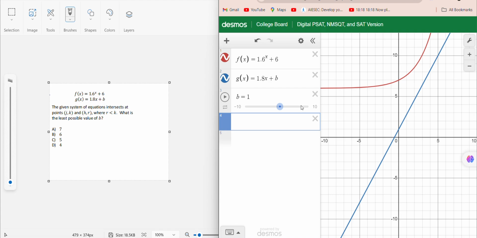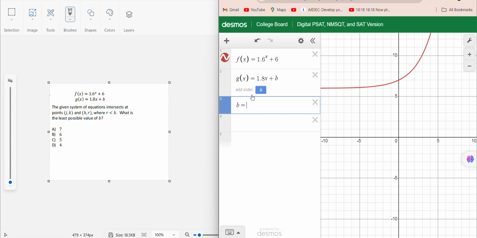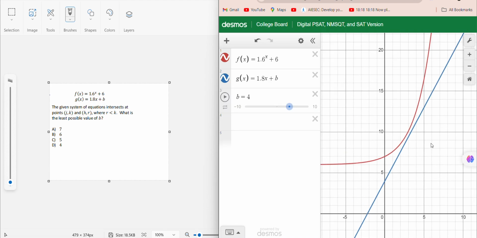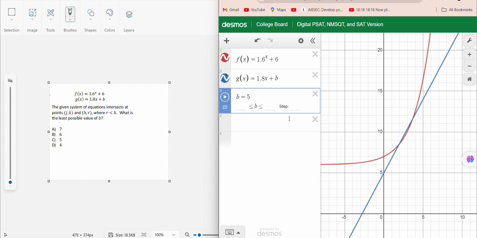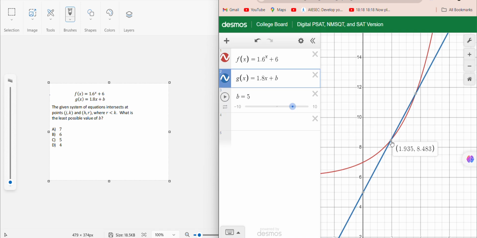Now we can choose the value of b for which r is less than k and the graphs intersect at two points. For the least value of b, let us start from the smallest value, 4. When b equals 4, the two graphs are not intersecting, so D cannot be our answer. So let's take 5. When b equals 5, we have two points and r is less than k.